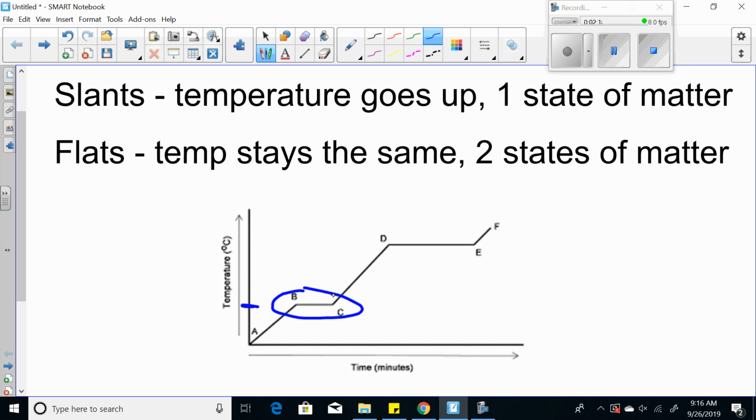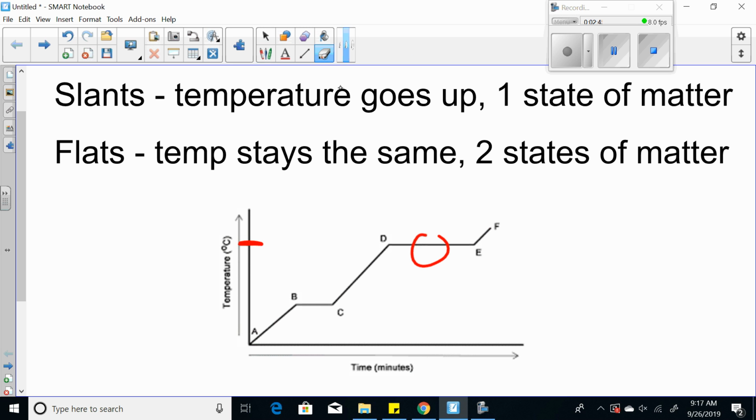It would be a liquid all the way from C up to D here. I could ask, what is its boiling point? This is the solid to liquid, this is the liquid, this is the liquid to gas, so right here would be your boiling point.